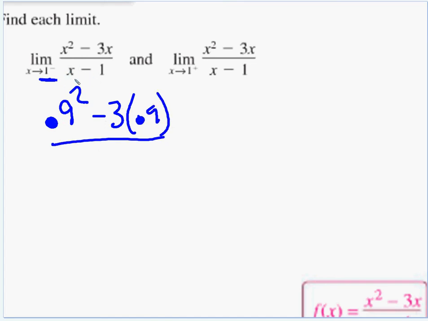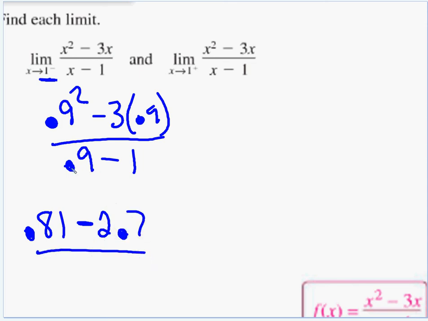The denominator is x minus 1, or 0.9 minus 1. If we work the math, 0.9 times 0.9 is 0.81, minus 3 times 0.9, that's 2.7. Down in the denominator, we still have 0.9 minus 1.